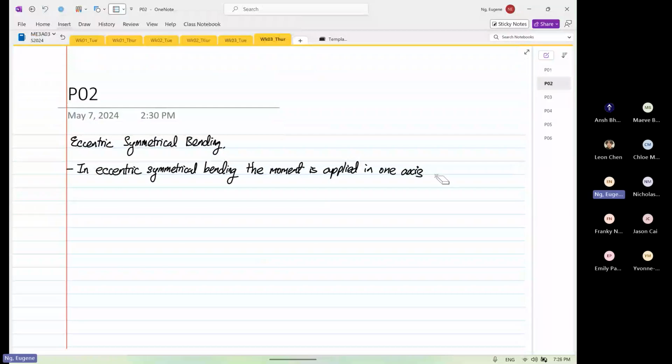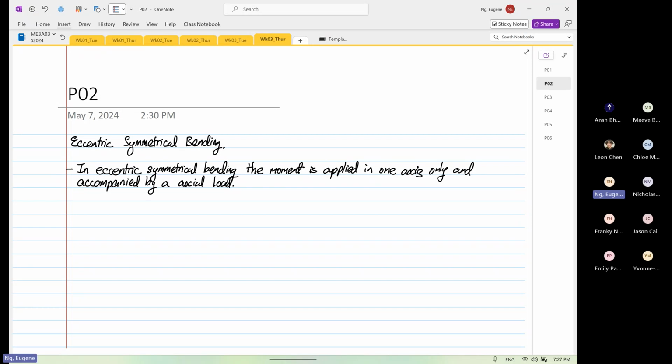Okay, one axis only. And accompanied by an axial load. Okay, it's accompanied by axial load. So now, how does this look?